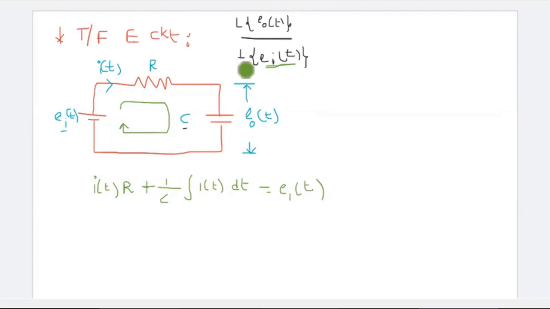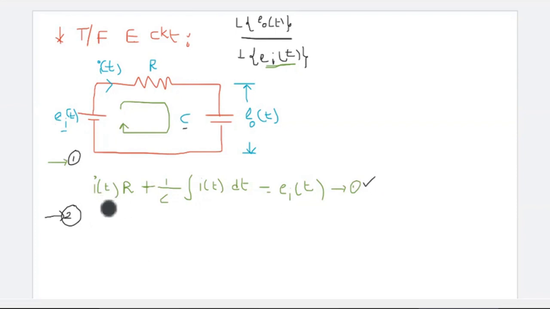This is in the time domain now. We require the Laplace transform of this entire thing, so apply the Laplace transform to this equation. The first step is to apply KVL to the loop. The second step is to apply the Laplace transform to the above KVL equation, equation number 1.